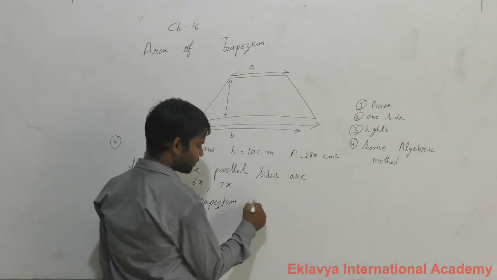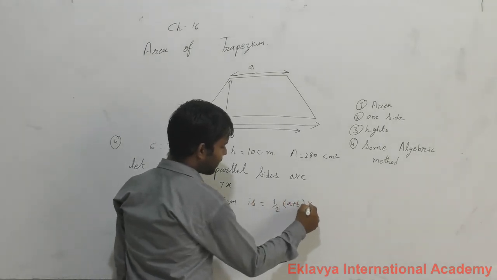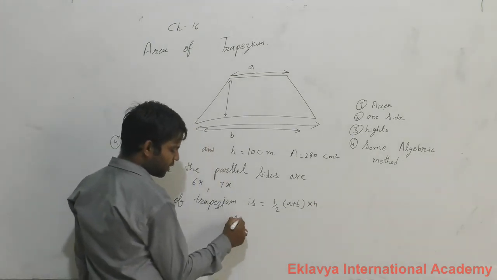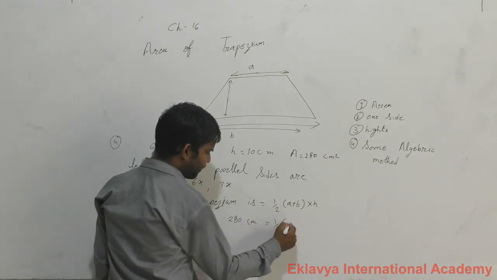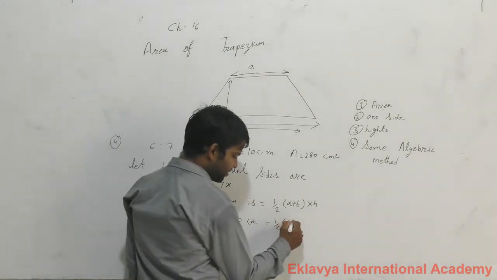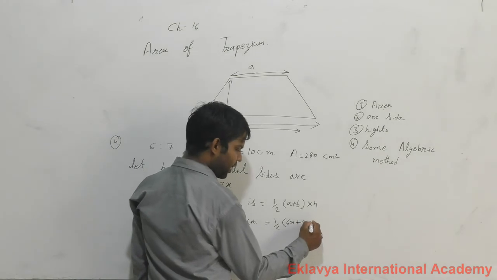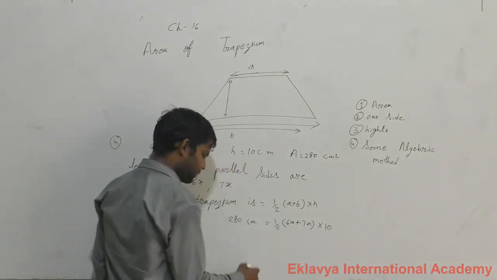Now, area of trapezium is 1/2 bracket a plus b multiplied by height. So, area of trapezium is given 280 centimeter, half bracket, a is given first side 6x, second side is 7x multiplied by height, given 10.